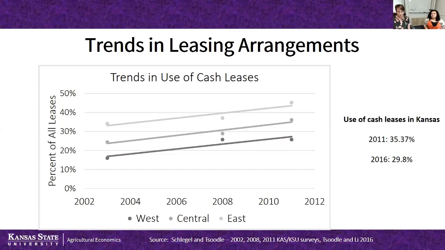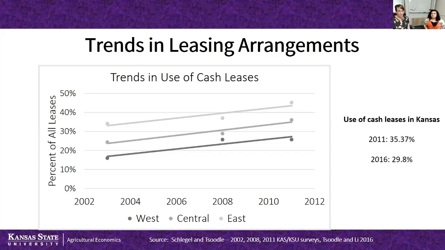But what I thought was pretty interesting was Leah Sodal was doing these surveys, and she did one in 2011, which was the last one on the chart, and then they did another one in 2016. And we actually saw a drop statewide in the use of fixed cash leases. So we went from 35% fixed cash leases down to 29.8%.